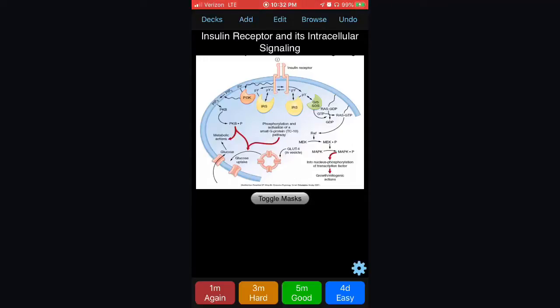That is caused by the IRS and the PI3 kinase, PIP3. So the PI3 kinase, which is membrane bound, activates PKB, which is phosphorylated, and then causes metabolic actions, and they transport glucose to the cell.